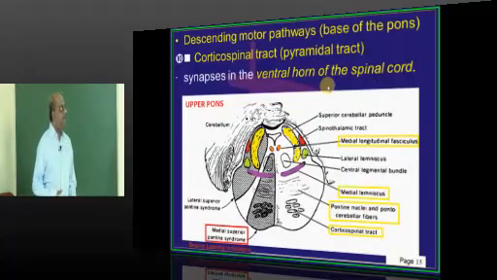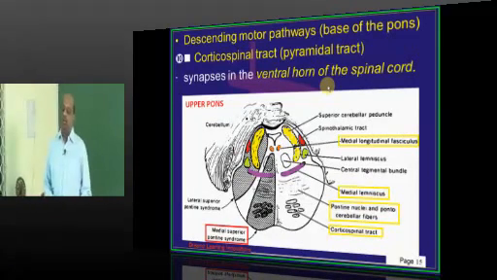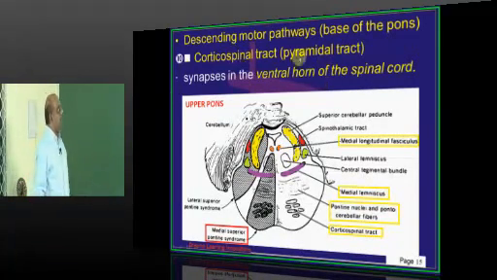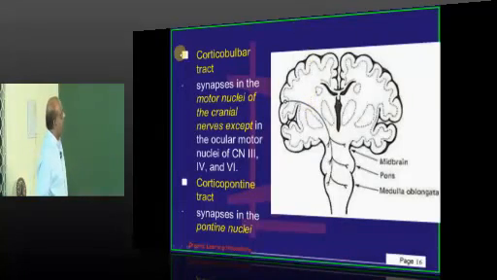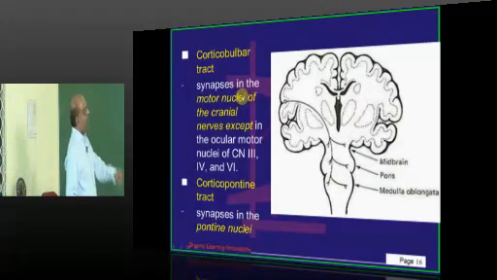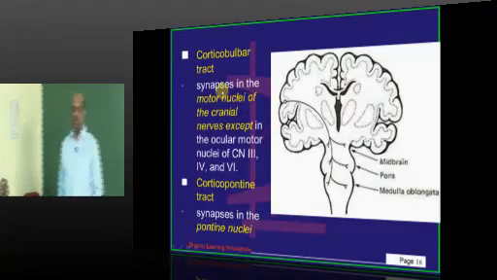Then what are the descending motor pathways in the pons? We have the pyramidal tract. You agree with that? Then we have a corticobulbar tract. Very important. What is this?